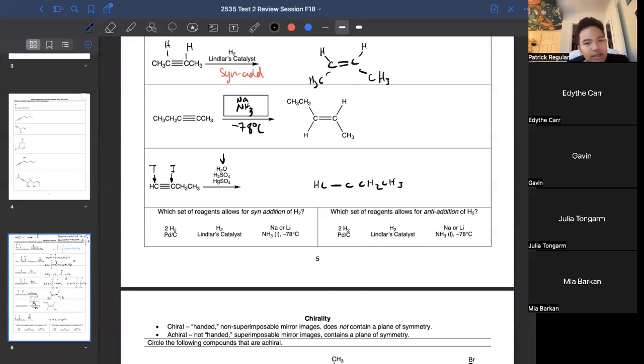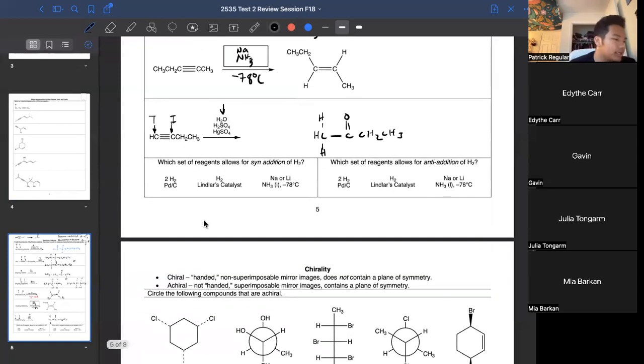Internal or terminal. It's going to be a ketone, so it's going to choose that internal one. Add the Hg here, and then H is right here. That's it.